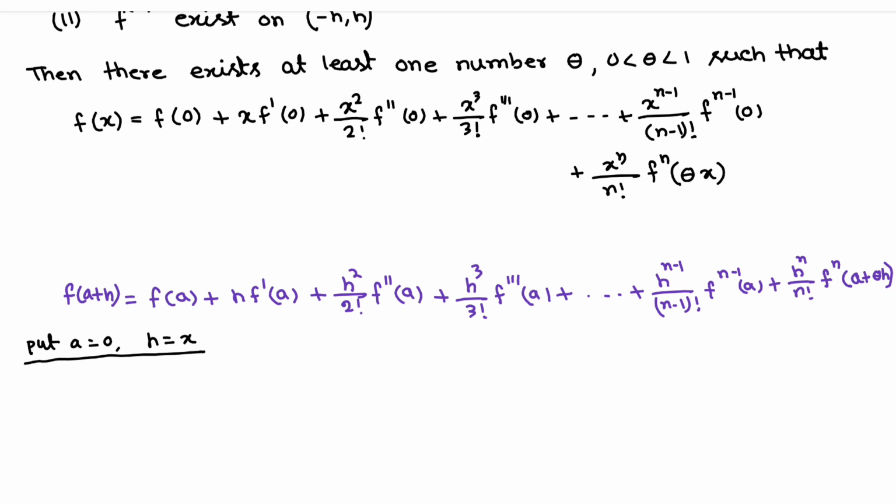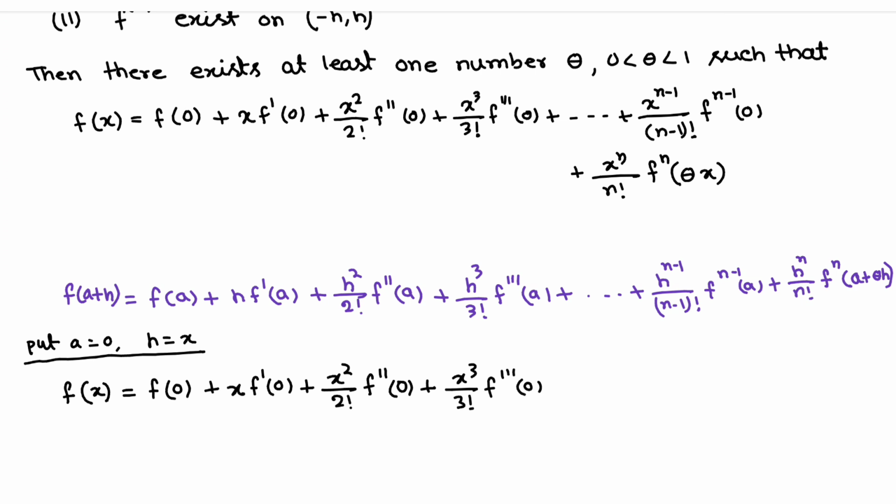So let's start. a equals 0, so this will be 0 plus x, that means f of x equals f of a, that means f of 0, plus x into f dash 0 plus x square by 2 factorial f double dash 0 plus x cube by 3 factorial f triple dash 0 plus dot dot dot x to the power n minus 1 by n minus 1 factorial into f n minus 1 0, and the last term x to the power n by n factorial f n a plus theta h. a is 0, h is x, so this will be theta x.